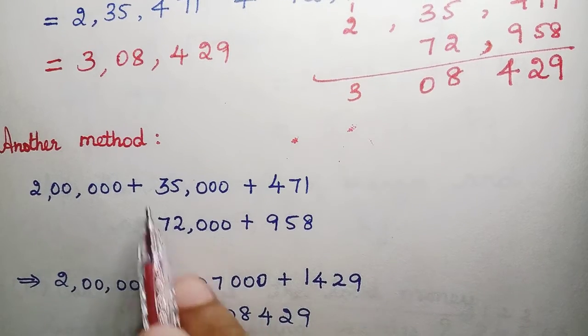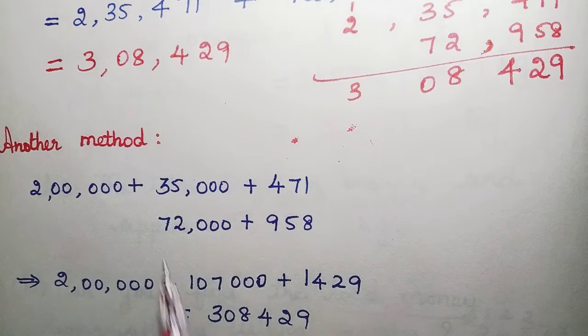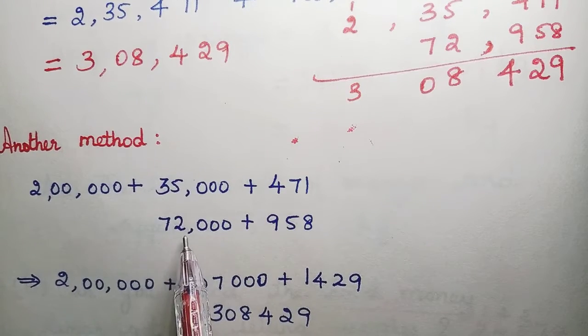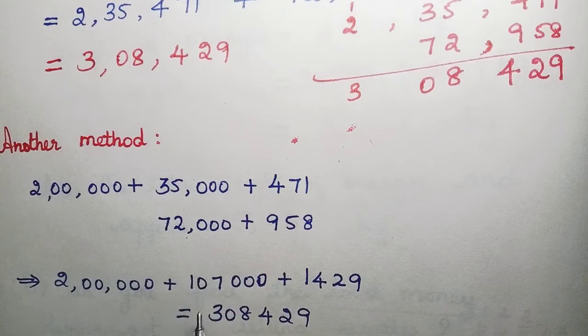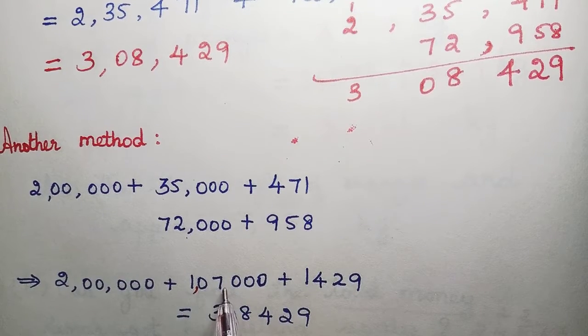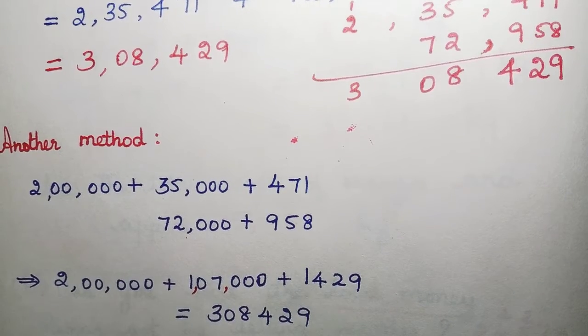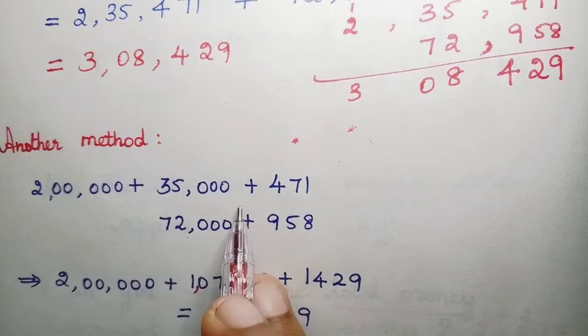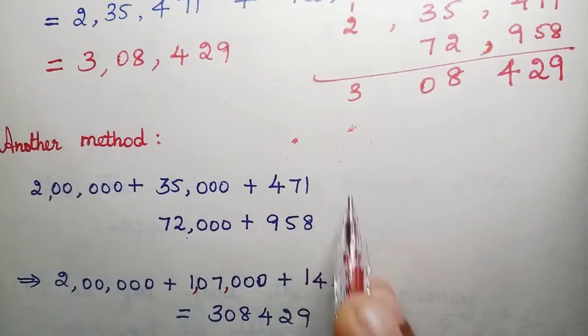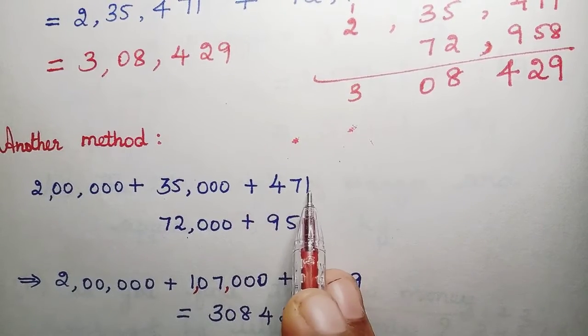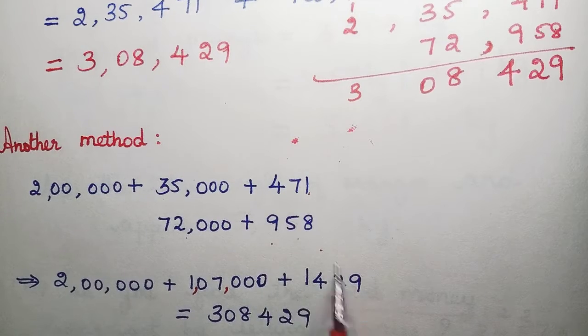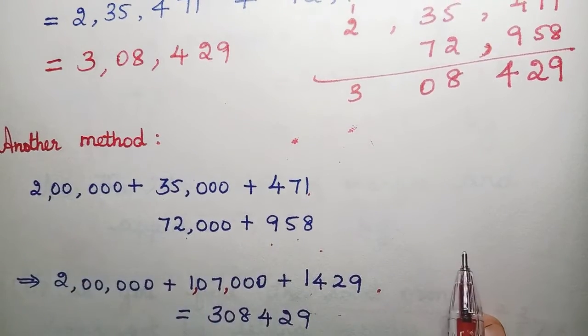Then calculate the thousands: 35,000 and 72,000. When you add both, you get 1,07,000. So add the thousands together, the lakhs together, and the remaining terms together. 471 and 958, when you add, you get 1,429. Then add these 3 terms and you will get the answer. For mental calculation it may be helpful for you.